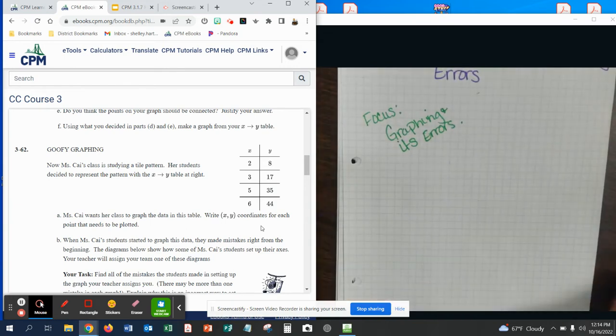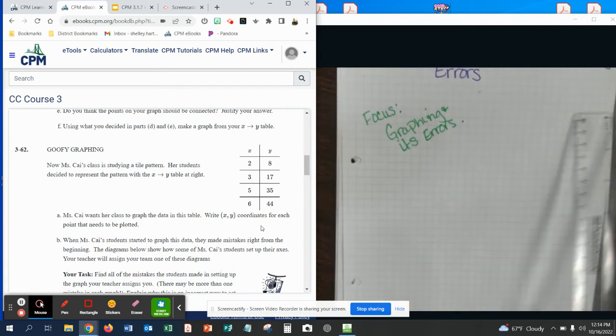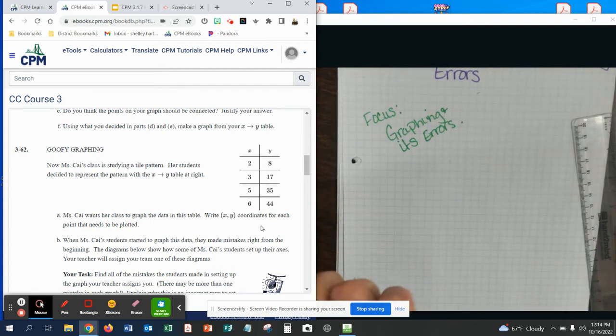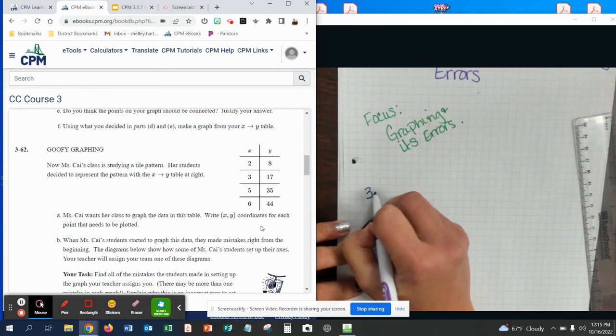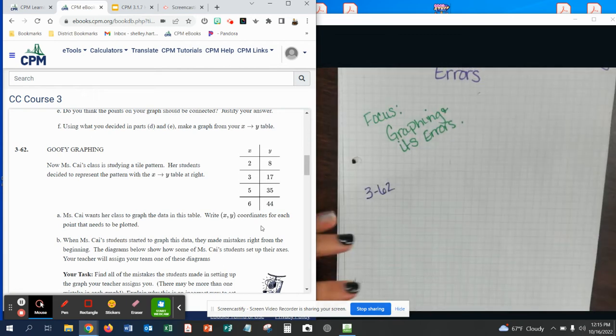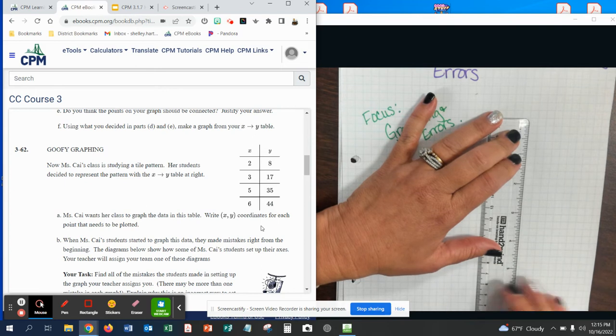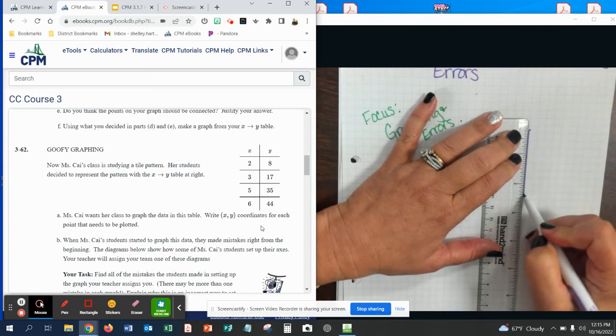All right, first off, for 3-62, I am going to make their little X and Y table right here.